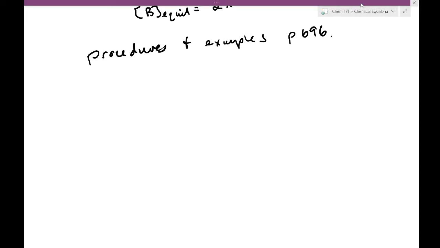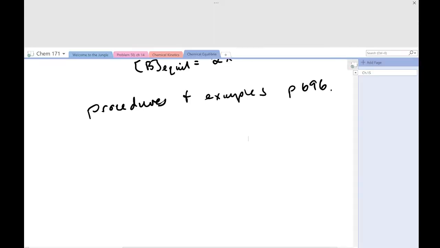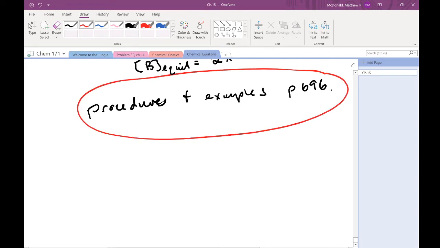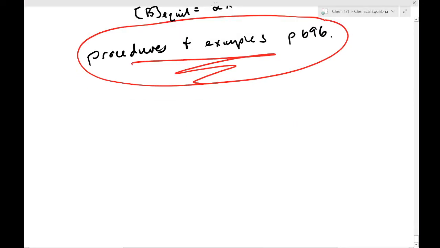Welcome back to this discussion of equilibrium. I want to draw your attention to what I said at the very end of last lecture. These procedures and examples are super helpful. I would highly recommend that you go through those examples starting on page 696.